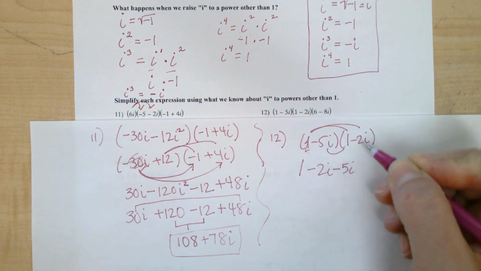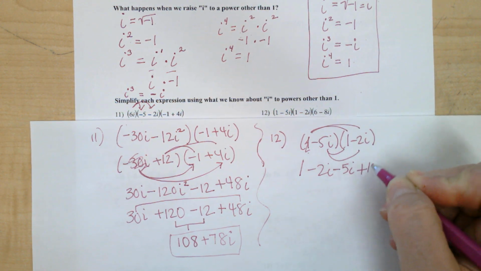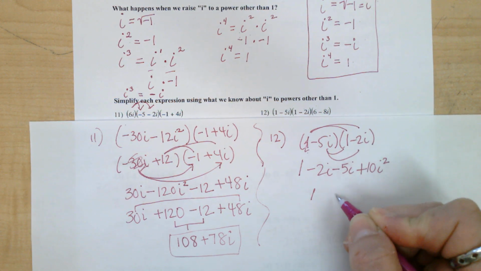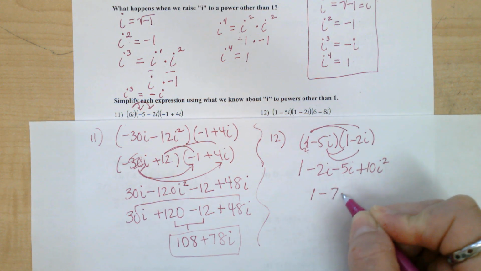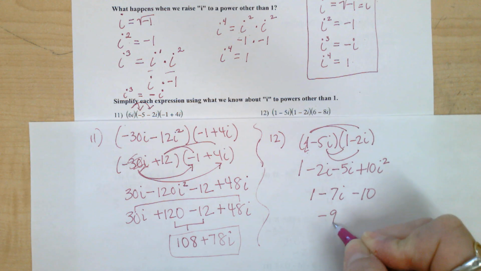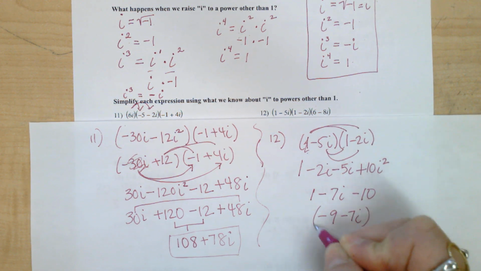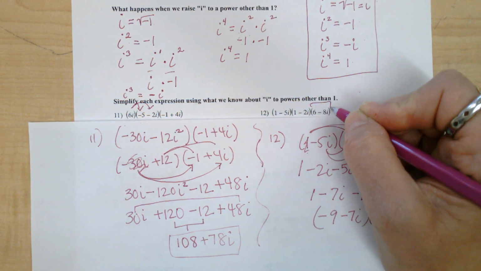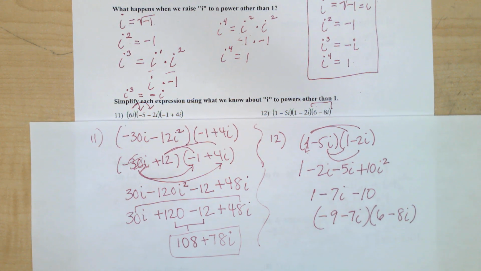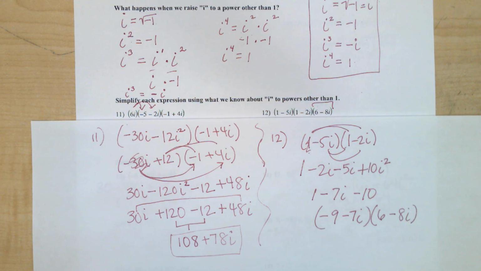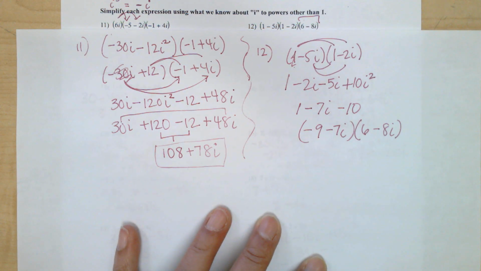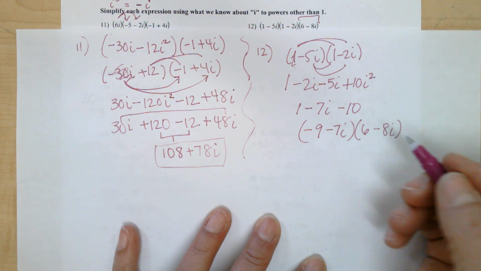negative 5i, positive 10i squared, and then 1 minus 7i minus 10. So we're going to have negative 9 minus 7i, but we're not done yet because we still have the 6 minus 8i. So you're just repeating yourself here. And I hope that's what it feels like, we're kind of just going through the repetition.